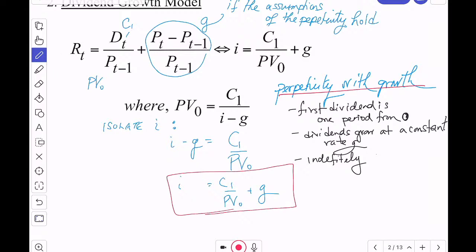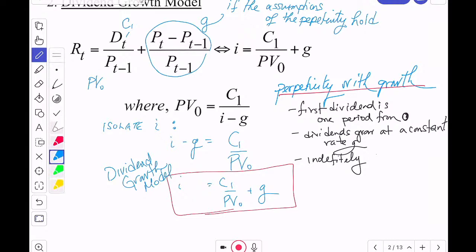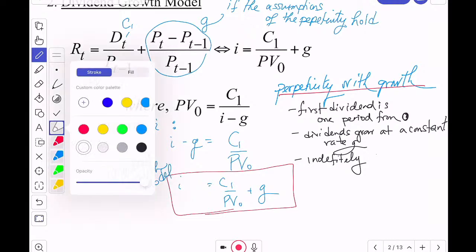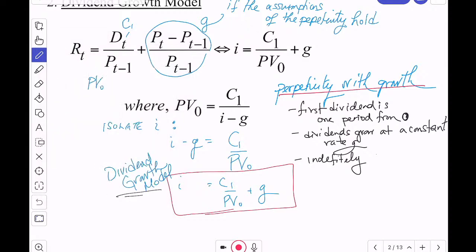This is a method known as the dividend growth model. And it's a way to calculate returns when you have certain assumptions and you have certain information.